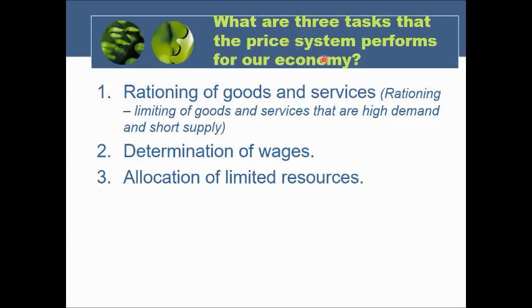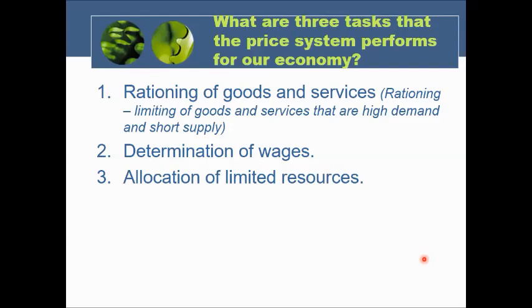So what are the three tasks that the price system performs for our economy? We have the rationing of goods and services, wherein rationing means limiting goods and services that are in high demand and short supply. Another task is the determination of wages, so it depends on the income of the household.